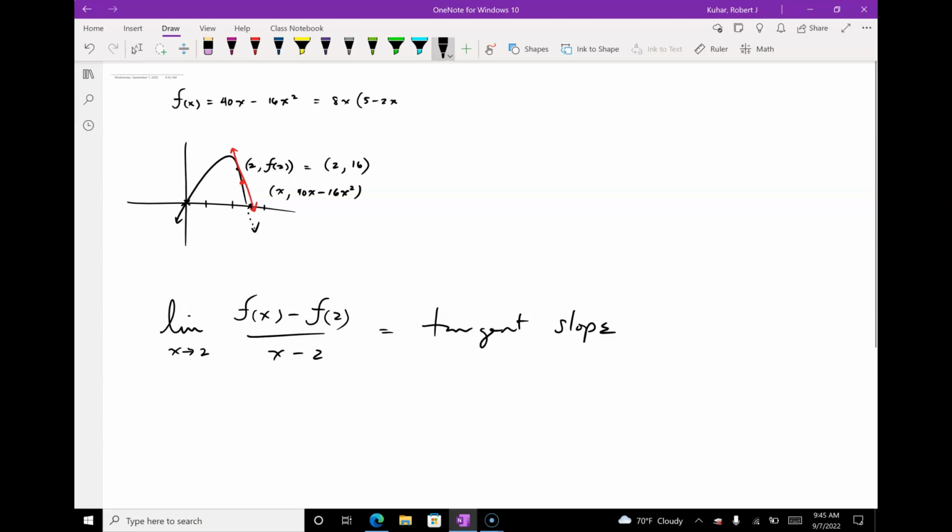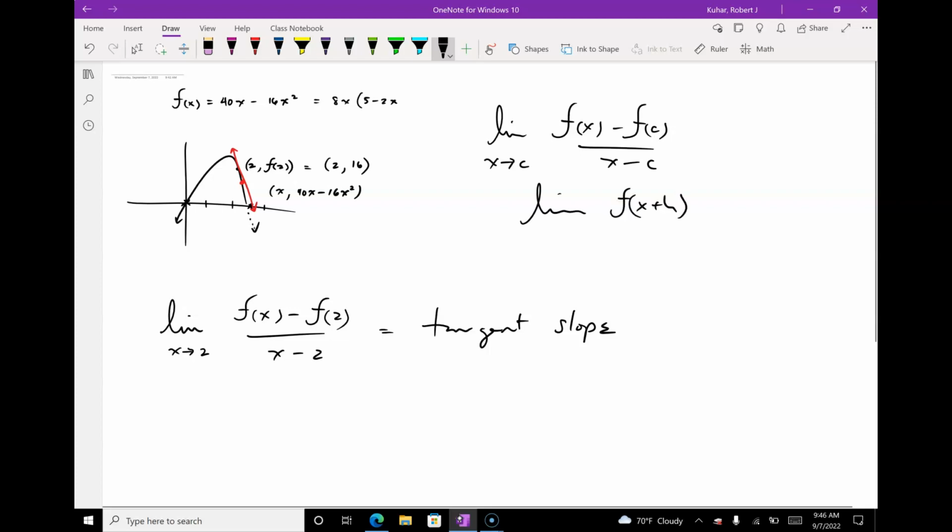Now, we've had a couple of versions of this already. This is a new one that I'm giving you. I'm saying the limit as x goes to c of f of x minus f of c over x minus c. Before we had the limit of f of x plus h minus f of x over h. That one is as h goes to 0. They're all the same, right?